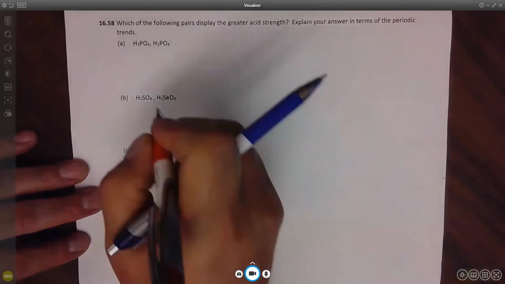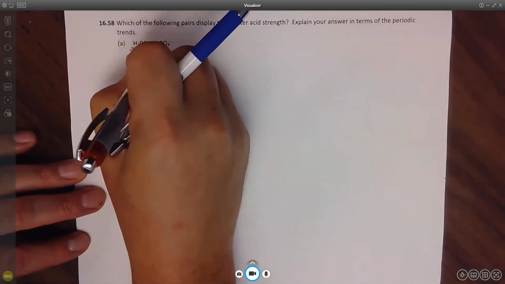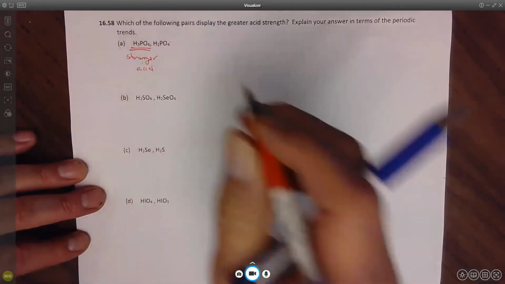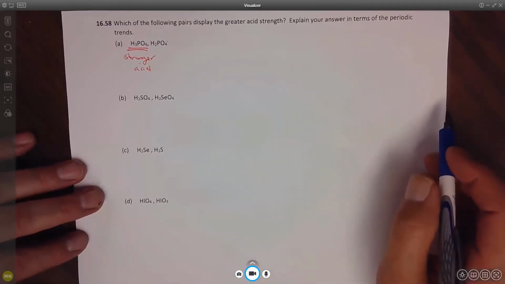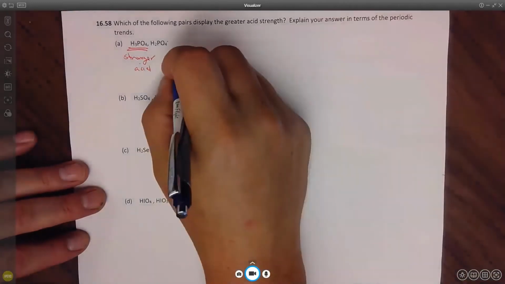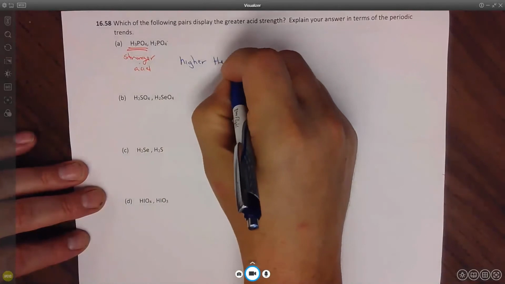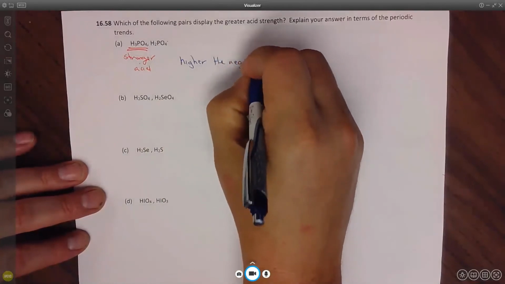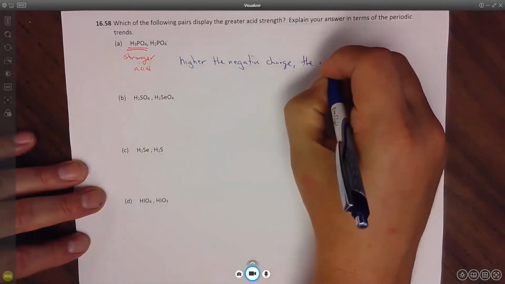H3PO4? Yep, so this is going to be the stronger acid. Why? Because H2PO4 minus is an anion. Right, so in other words, the higher the negative charge, the weaker the acid.